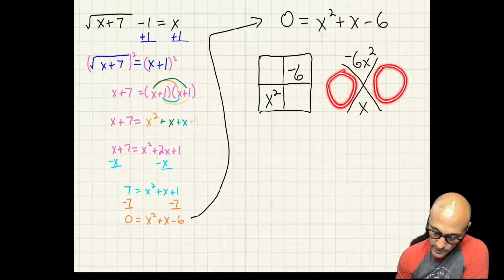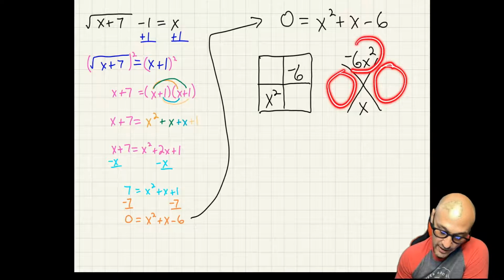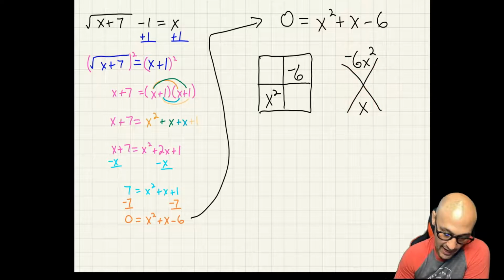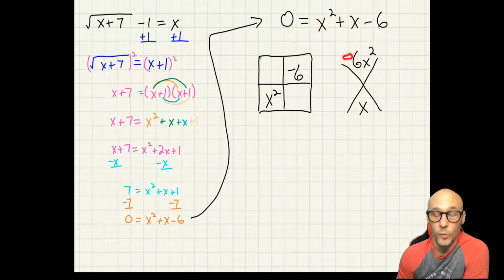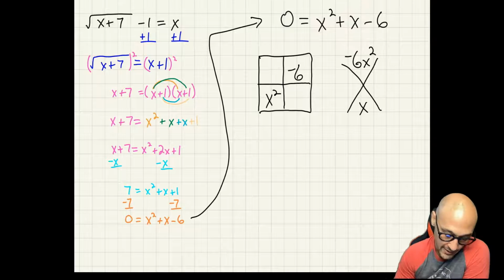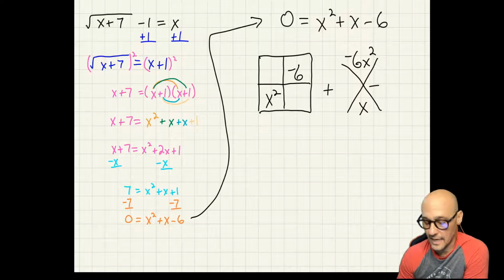And whatever goes there, they have to multiply together to give me negative 6x squared and add together to give me positive x. Now, since the product of those two things is a negative, product is the result of multiplication, so we're multiplying them together and we get a negative. The only way for that to happen is if one of them is a positive and one of them is a negative.